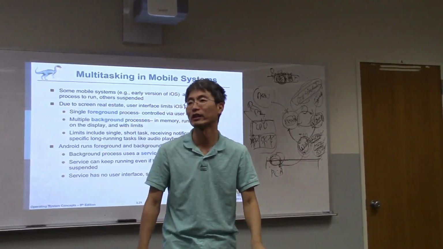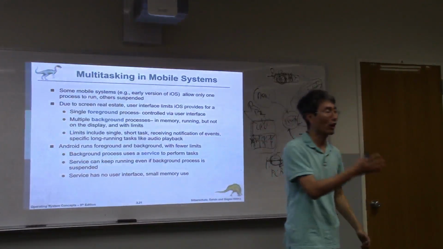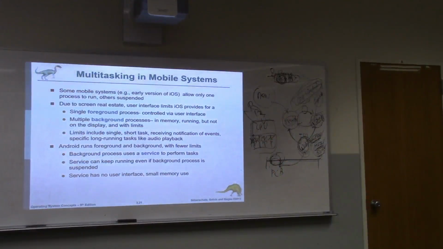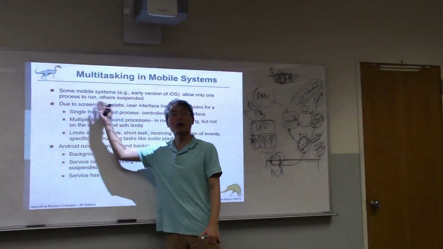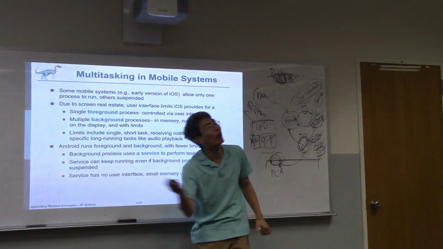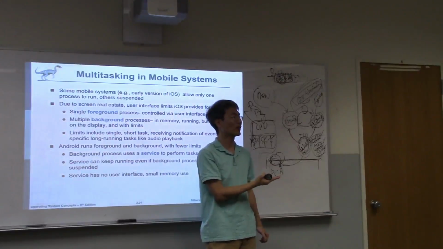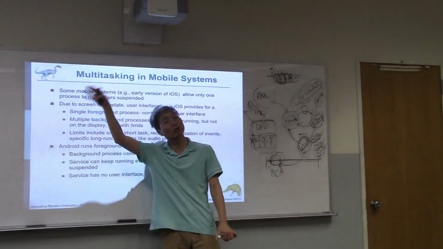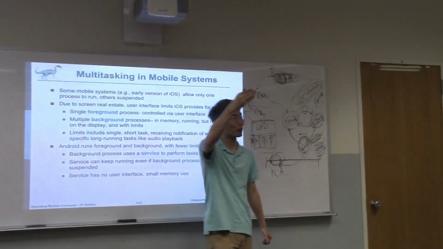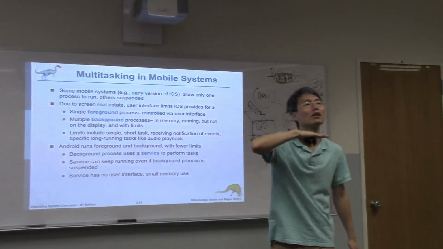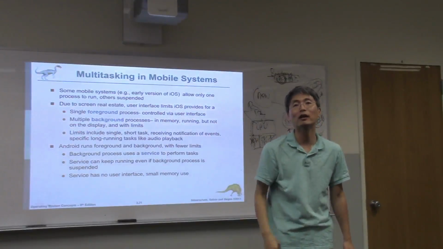But nowadays, including iOS and Android, they allow one foreground process and also background processes. It was only one process in total long ago, but nowadays they allow only one foreground process. Still limited multitasking, but they allow it.